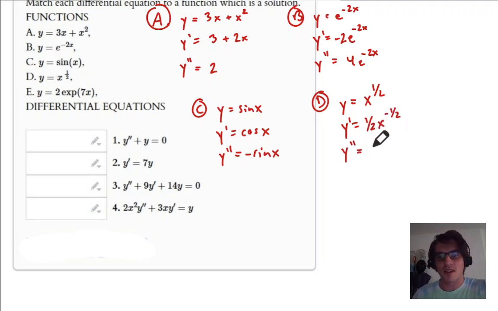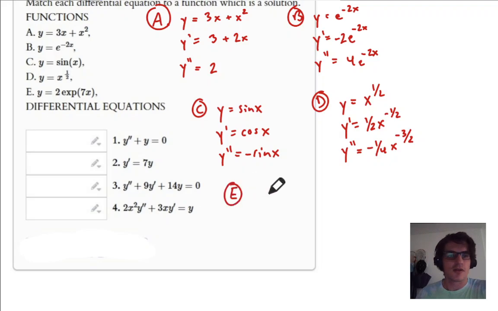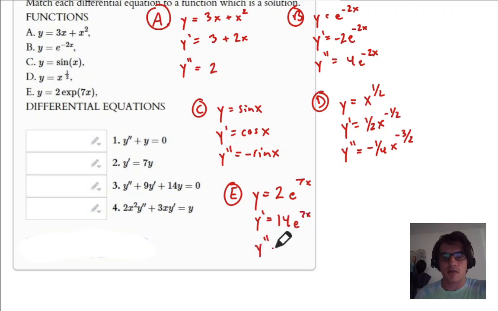Y double prime is negative 1/4 x to the negative 3/2. And I don't know if we're going to have space. E, y equals e to the 7x, exp is just e to the power of whatever. Y prime is 7 e to the 7x, y double prime equals 7 times 7 is 49, 49 e to the 7x.